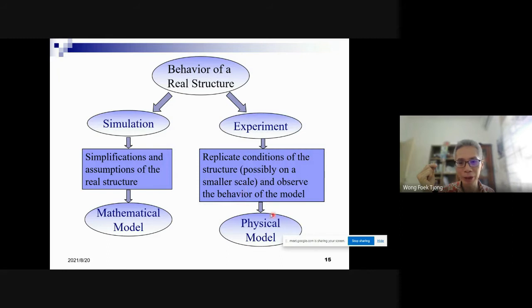This is where we use a physical model. Our concern, of course, is not with this one but with these parts. We use mathematical models to understand the behavior of real structures.